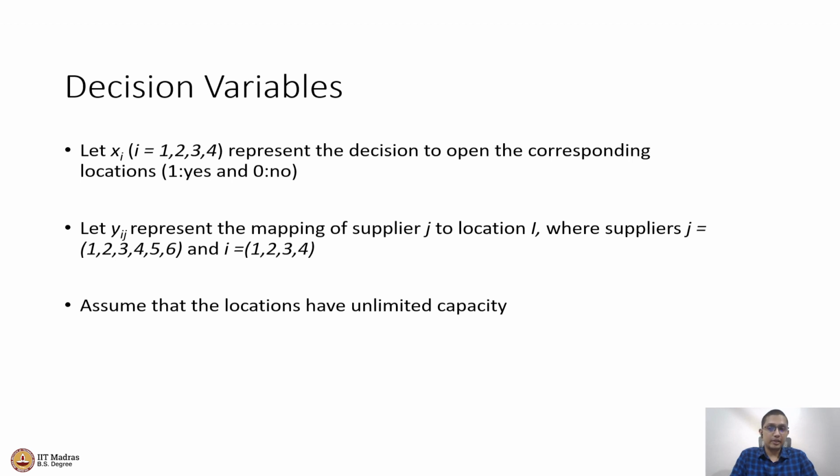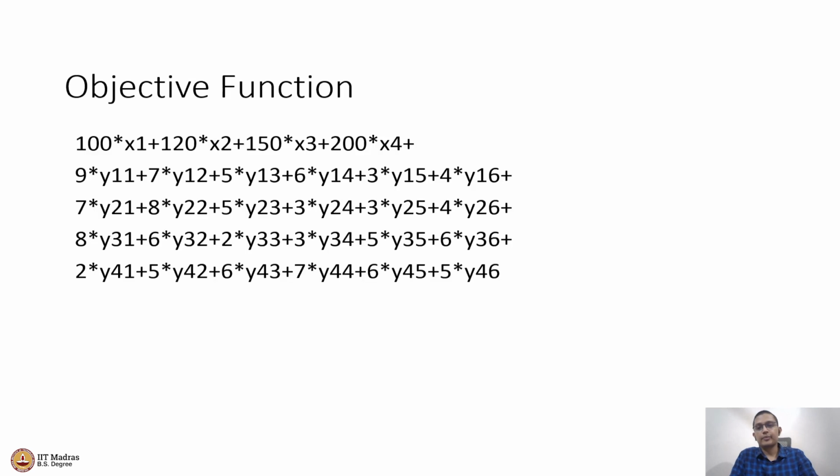So here J represents suppliers 1 to 6. I represents the location 1, 2, 3, and 4. So let's say Y12 is equal to 1. This means that the second supplier is mapped to the first location. So Y12 is equal to 0. This will mean that the second supplier is not mapped to the first location. We also assume that all locations have unlimited capacity.